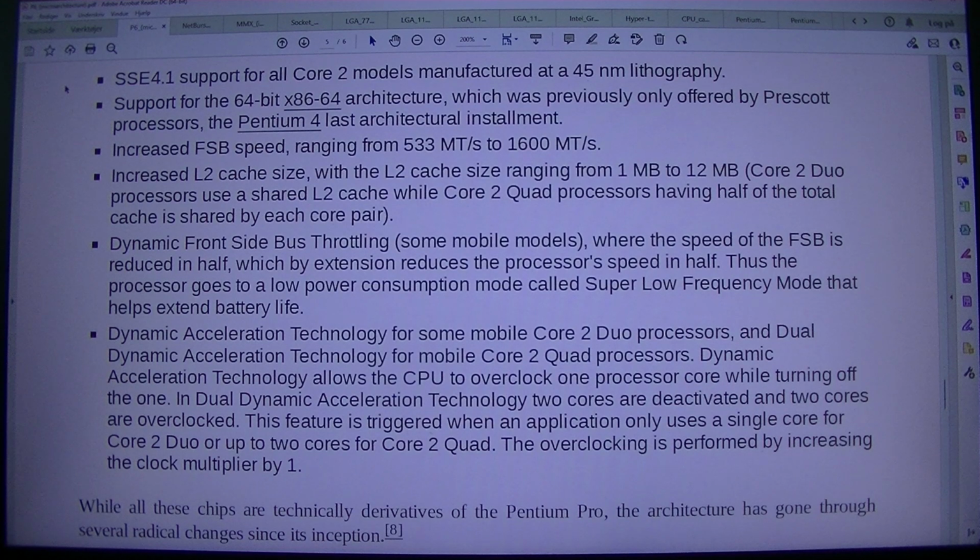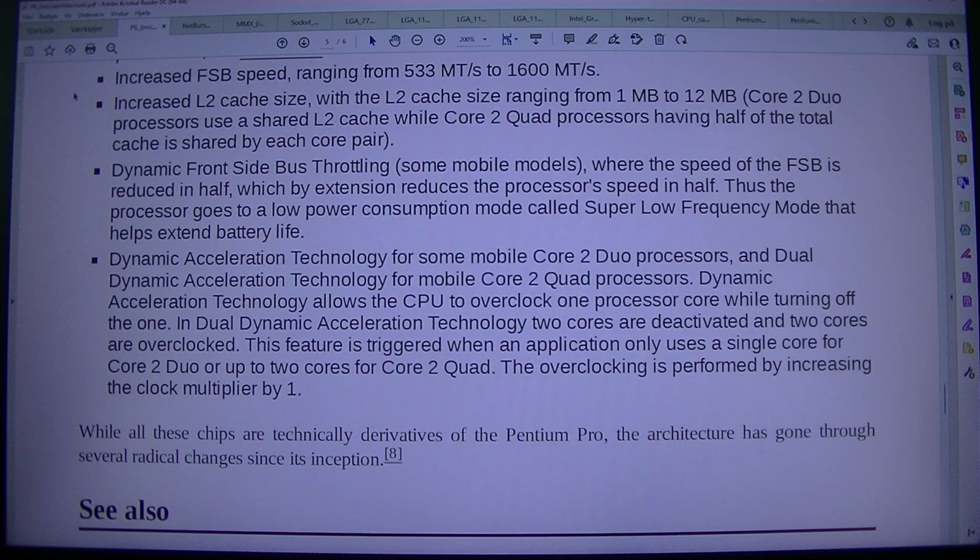Support for the 64-bit x86-64 architecture, which was previously only offered by Prescott processors, the Pentium 4's last architectural installment. Increased FSB speed, ranging from 533 MT/s to 1600 MT/s. Increased L2 cache size, ranging from 1 MB to 12 MB.